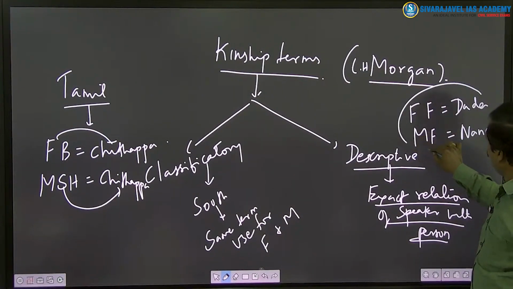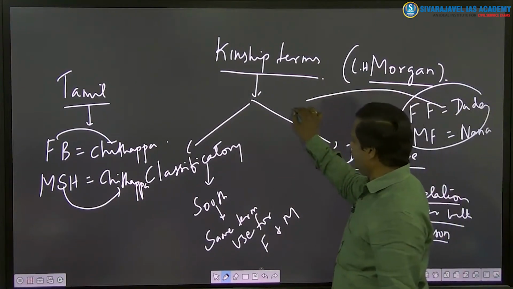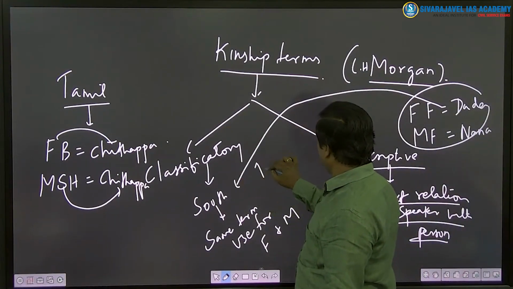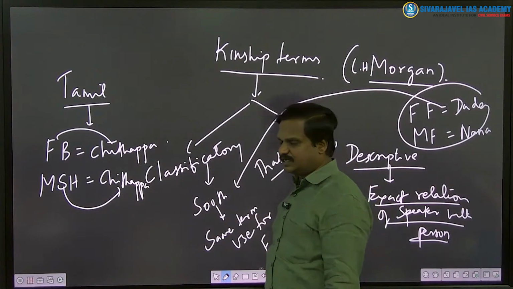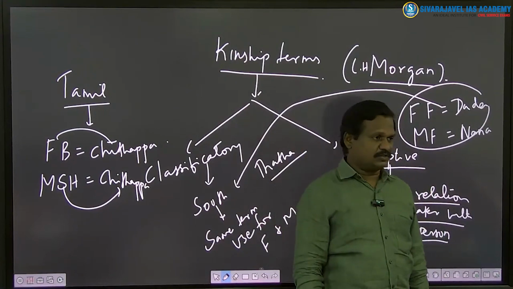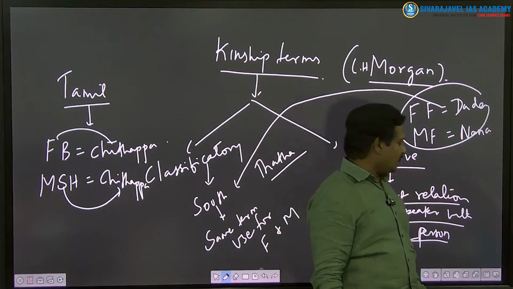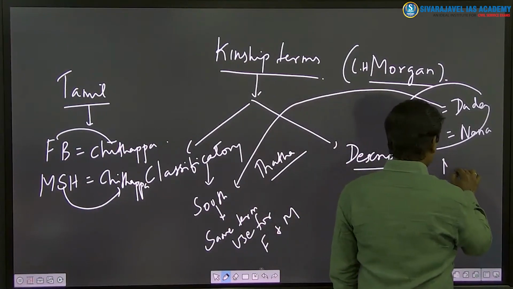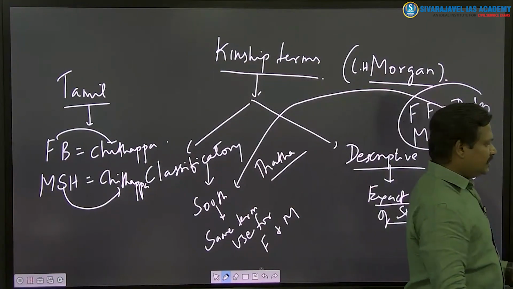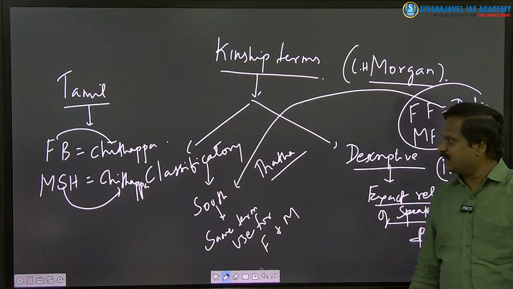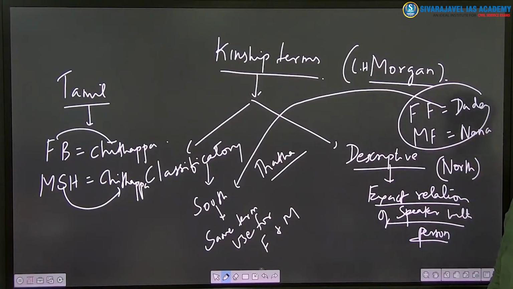But if you go to South India, both are called Tata. Father's father is also Tata. Mother's father is also Tata. If you go to North India, you follow the descriptive kinship system. If you come to South India, you follow the classificatory kinship system.